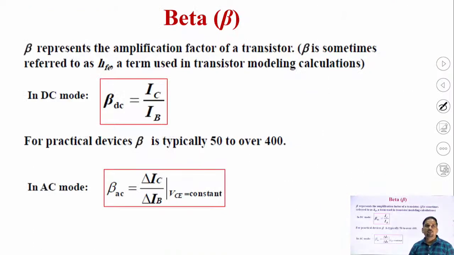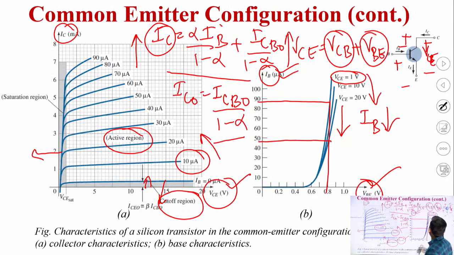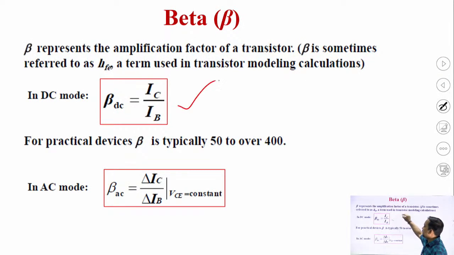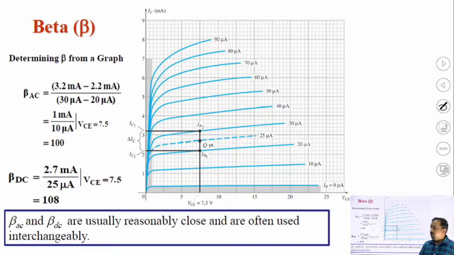Now after this we have the current gain, which can be denoted as beta. So beta again is a ratio of output current by input current. As we can see, the output current is IC and the input current is IB. So IC by IB is known as beta DC, whereas beta AC can be calculated as delta IC by delta IB.